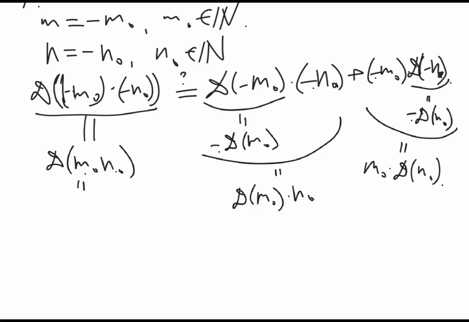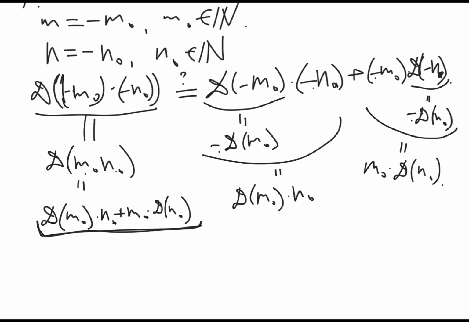So we get d of m0 multiplied by n0 plus m0 multiplied by d of n0, right? So the expression on the left hand side is exactly equal to the expression on the right hand side, and so the equality holds and we can remove the question mark.